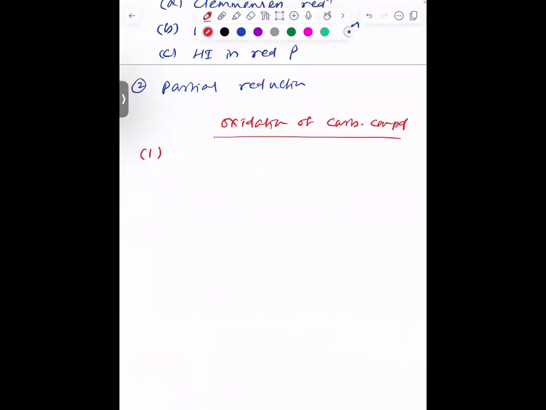So under that, oxidation of aldehyde. If you are writing the structure of aldehyde, then in the presence of strong oxidizing agent, let's say alkaline KMnO4, this CH bond can easily be oxidized.